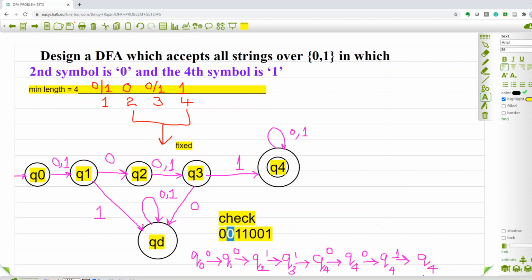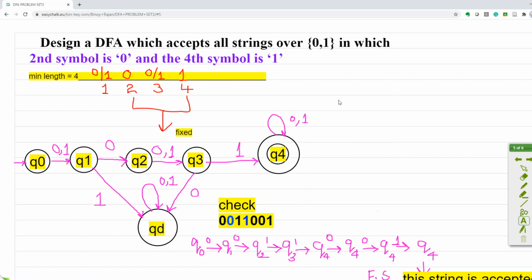The second symbol is 0 and the fourth symbol is 1, and this is according to the rules. Obviously it should be accepted by the machine. Okay, now let's check another case. Suppose the string is 0 1 0 0 1.